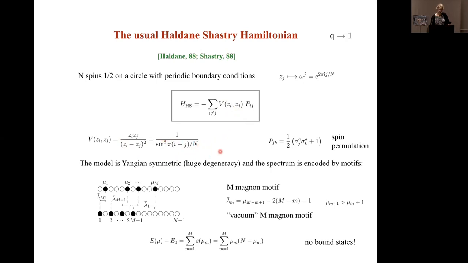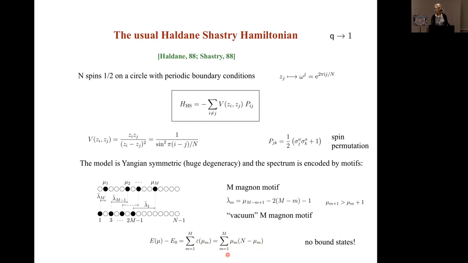This model is the simplest model you can imagine with interacting spins, because the spectrum is very much like the spectrum of free particles, in the sense that you have an additive expression for the energies. The individual energies can be written in terms of integers.